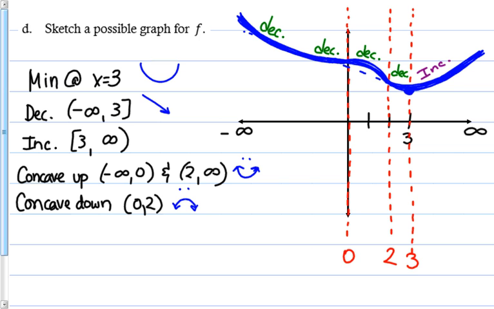I did my min, right? I decided that somewhere around here would be my minimum. I did my decrease, increase, and I did my concave up and my concave down. And there is a sketch of this graph. Is it perfect? No. They won't always be, but as long as you get the idea.